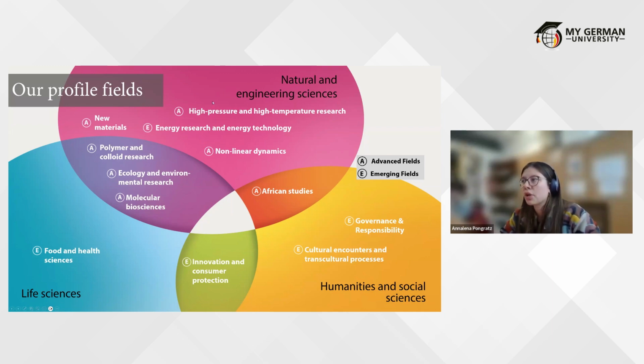Here we focus on high pressure and high temperature research, on new materials, which is also the focus area of the master DSMSE, as well as on energy research and energy technology, nonlinear dynamics, polymer and colloid chemistry, meaning plastic products, ecology and environmental research, which is also really important for the new master program, as well as molecular biosciences. The other 2 research fields are not so important for DSMSE, so I will skip them.